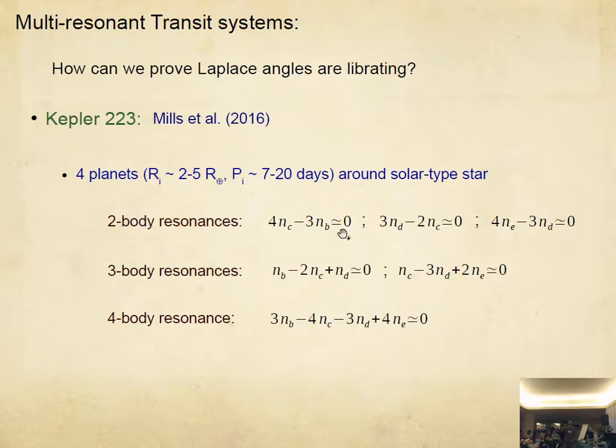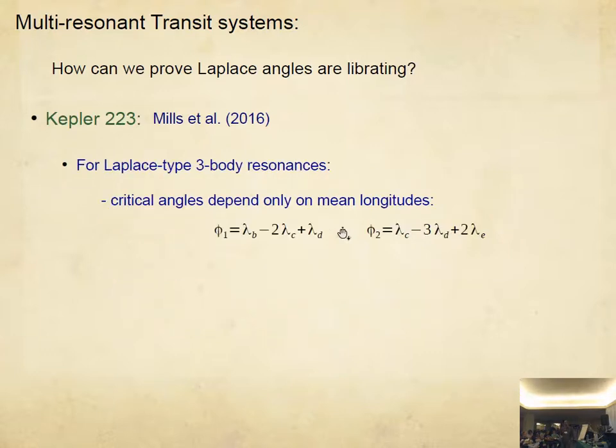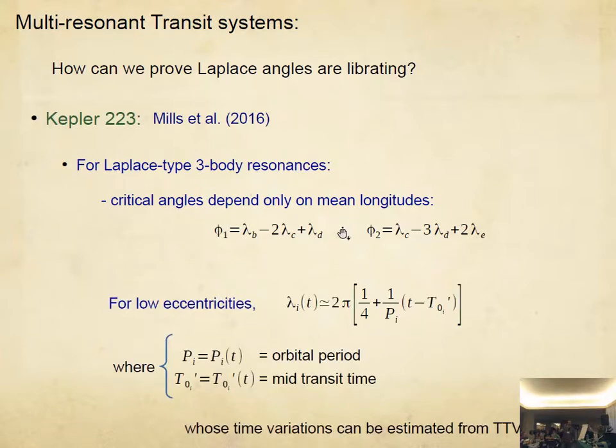Okay, so forget about these. We can't do that for transit. But what about these? The interesting thing is that independently of the resonant dynamic being dominated by the true three-planet resonance or by the true two-planet terms, these angles depend only on the mean longitude, they do not depend on the longitude of the pericenter. So if you assume that the eccentricities are small, you can actually calculate this mean longitude directly as a linear function of time in terms of the orbital period of the planet and of the mid-transit time.